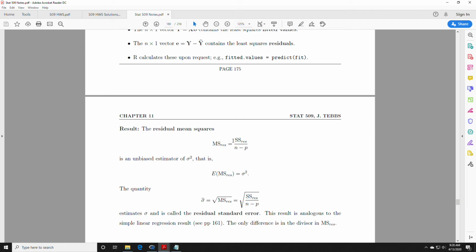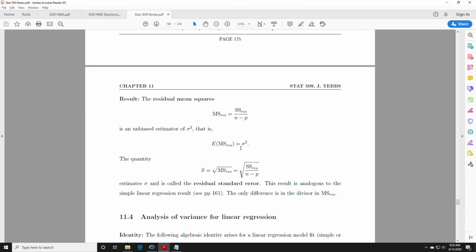And so you just have to divide by the sample size minus 3, and so on. But this quantity is still an unbiased estimator for that variance. And of course, the standard error, the standard deviation of an estimator, you just take the square root of the variance to get that.